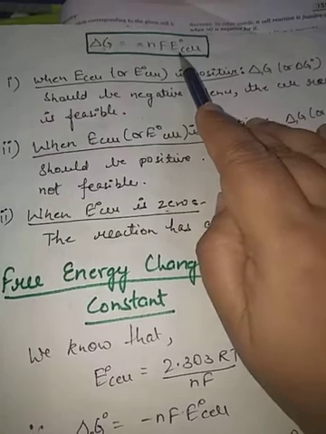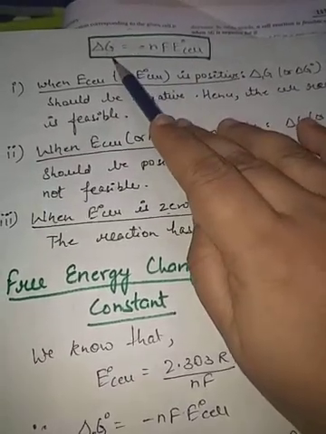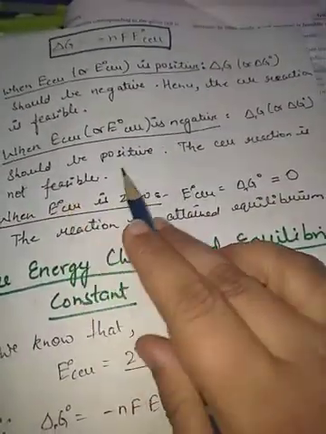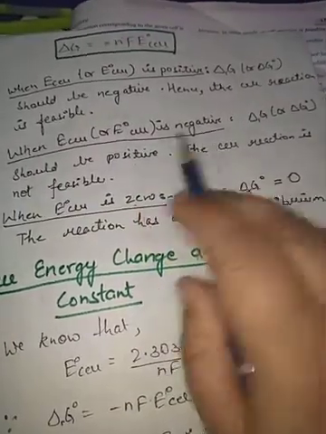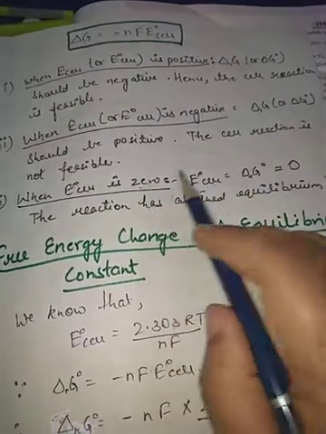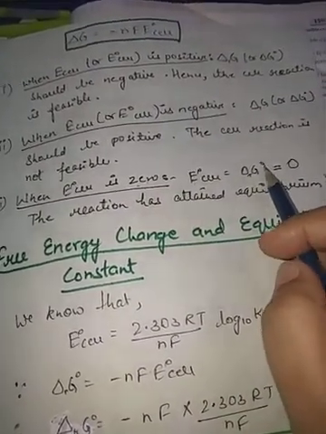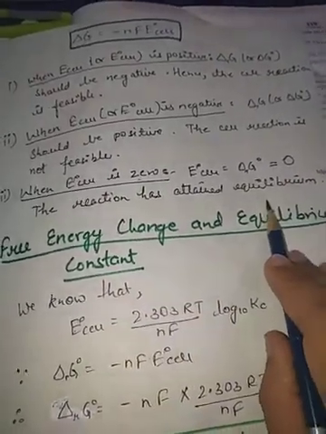If E naught cell is negative, then negative and negative will be positive, so delta G will be positive, and the cell reaction is not feasible. And if E naught cell is 0, delta G naught is also 0 and the reaction has attained equilibrium.